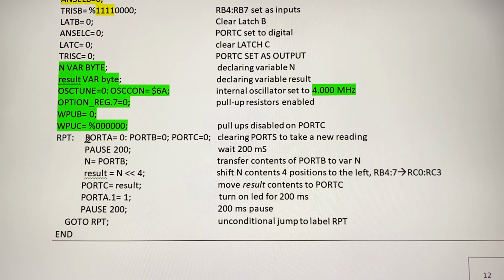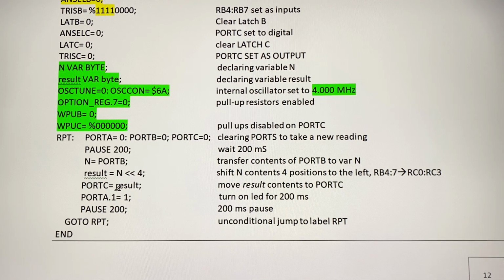Now, this is the heart of the code that I was explaining a moment ago. So we clear again the 3 ports. Then we wait 200 milliseconds. Then we transfer the contents to variable N. We shift the contents 4 positions to the left. And now the data bits are in the correct position.